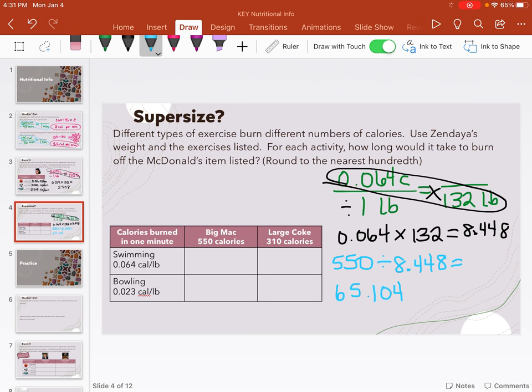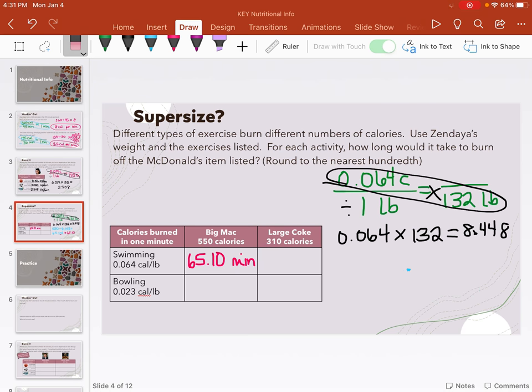But remember, we get to round it to the nearest hundredth. That's why I stopped. So I'm rounding to the hundredth place. That 4 tells it to stay. So I'm really getting 65.10. And yes, I do need to put that 0. So for my Big Mac, it takes 65.10 minutes. It takes over an hour of swimming for her to burn off that Big Mac.